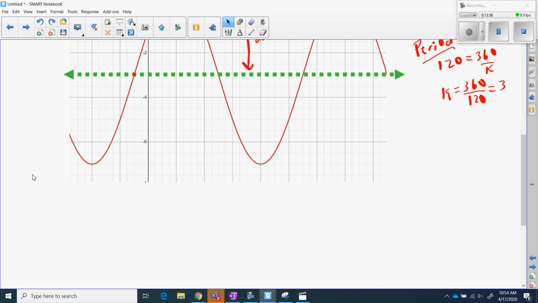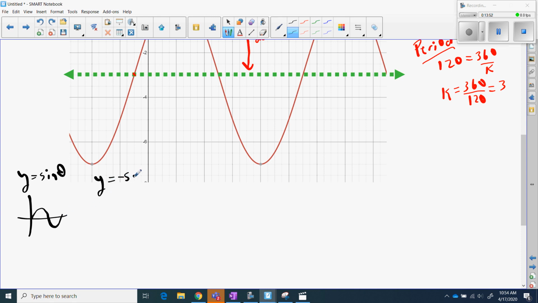y equals sine of theta. The pattern it makes is it starts at the middle of the wave, goes up, down, back to there. Then there's y equals negative sine of theta. Well, negative sine of theta is the same type of pattern except it's reflected.